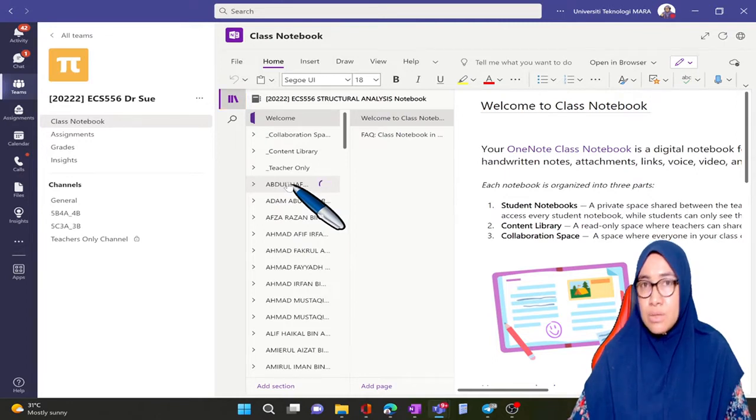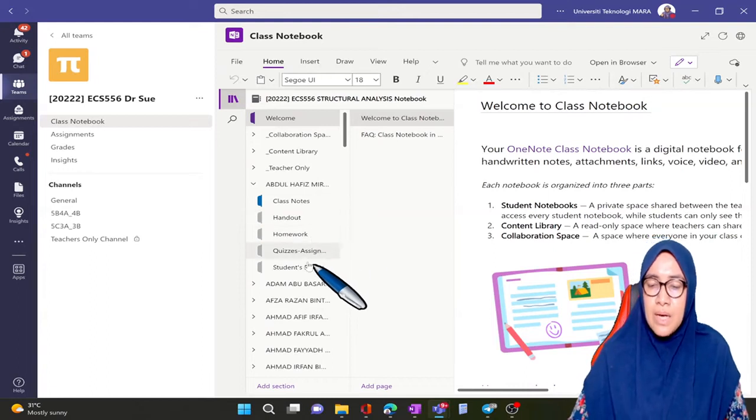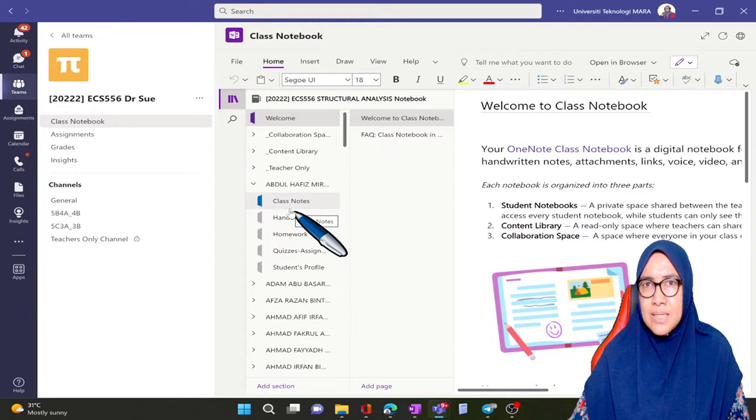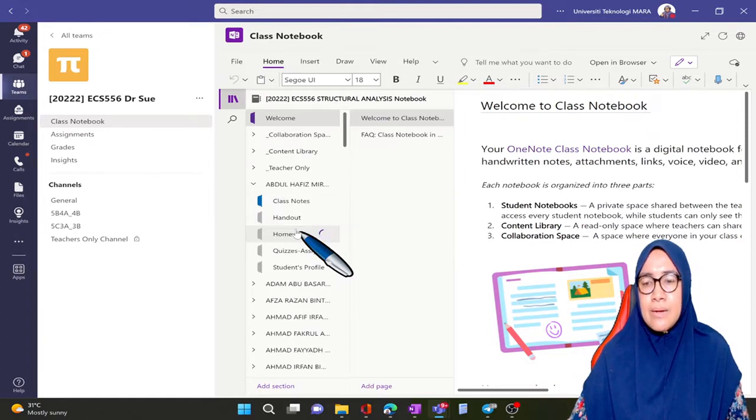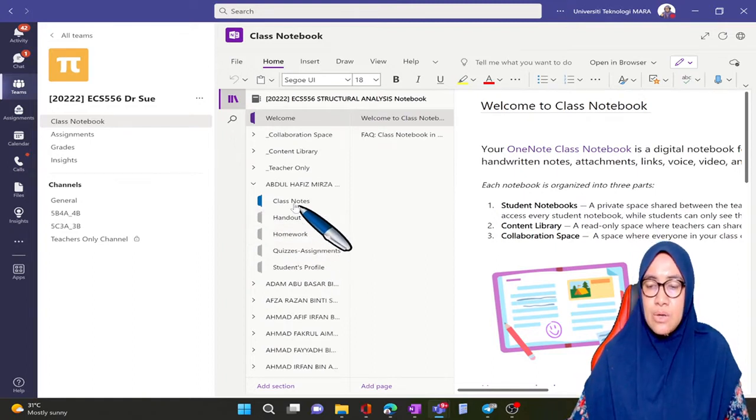Only I have the list of all students, so you can put any exercises you want me to check directly under your own OneNote, and I can check them for you.